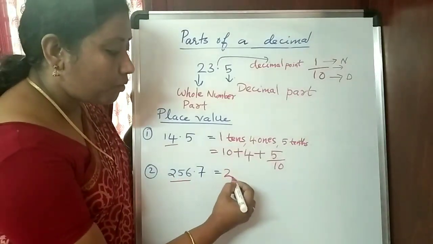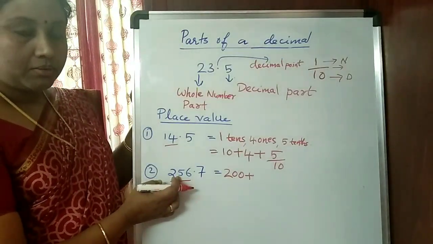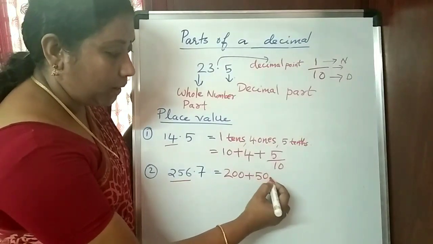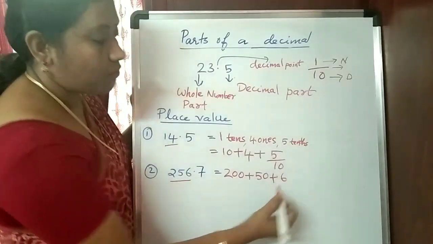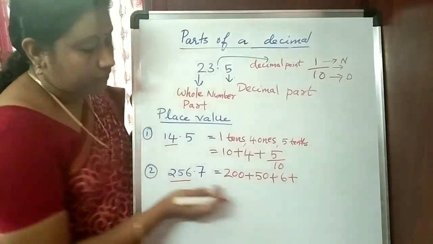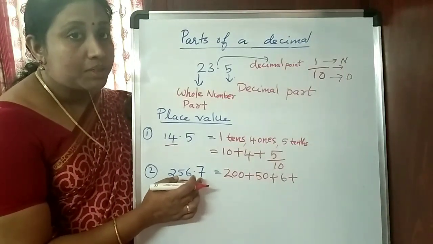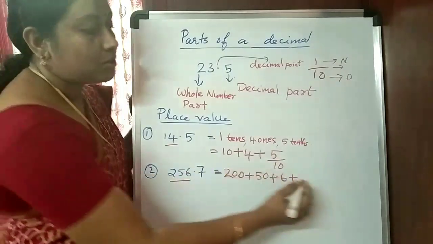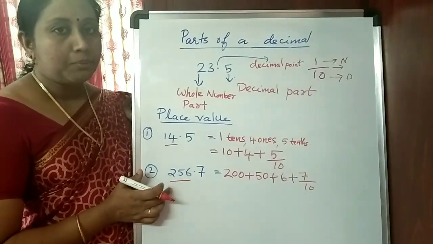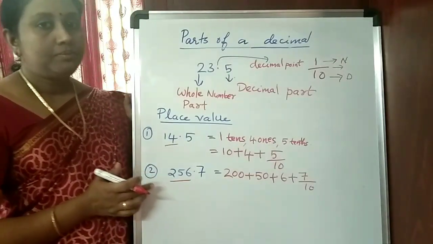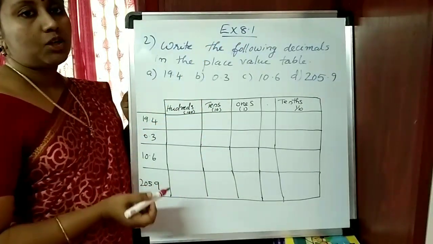So what is the expanded form? 200 plus 50 plus 6 ones, which is 6, plus, here the decimal part is 7. 7 tenths, so 7 by 10. This is the expanded form of this number. All of you understand?